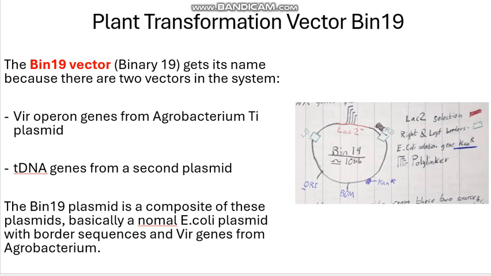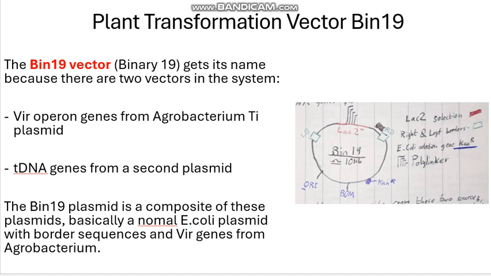The one we're talking about has a left and right border and the tDNA. We've got a picture of it on the right, so you can see the left border is the green box, the right border is the right box. The tDNA is in between that.